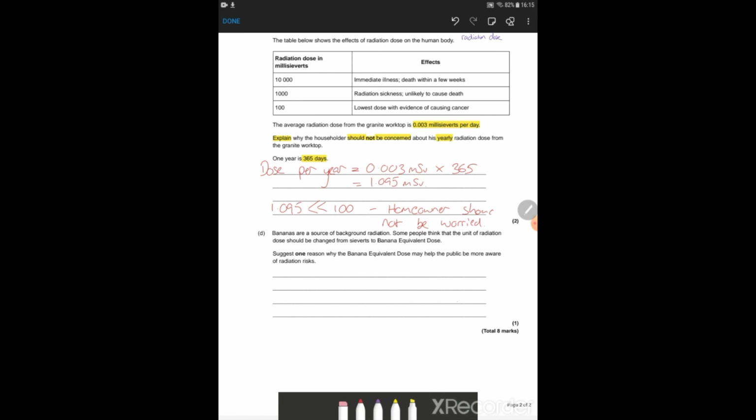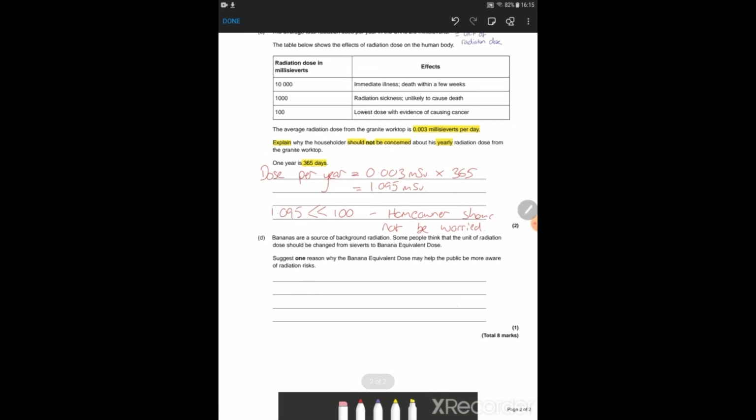Most people understand that bananas are radioactive, and they'll be aware that the dose from bananas is not detrimental. So, the reason why the banana equivalent dose may help the public be more aware of radiation risks is because people can compare a radiation risk to the dose from eating bananas, right? They're more familiar with it.